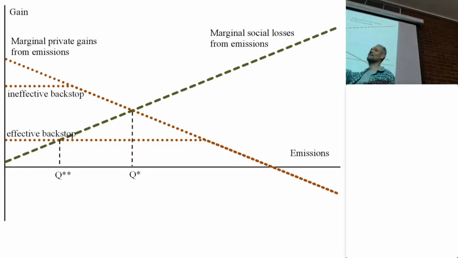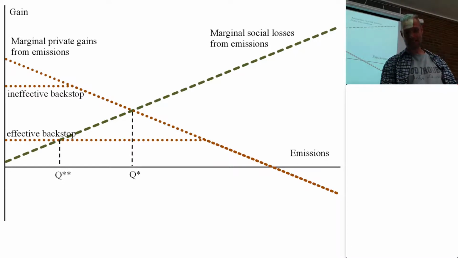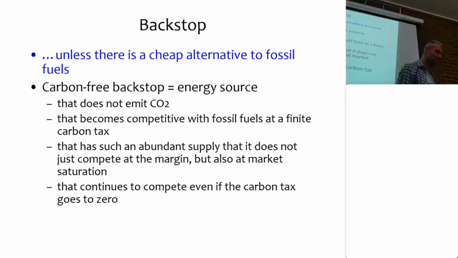So the assumption that the cost curve goes flat, that's a peculiar assumption. It's actually not the key assumption. The key assumption really of a backstop is that abundant supply does not just compete at the margin but saturates the market.